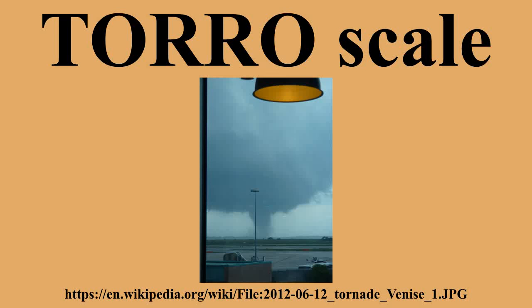At the 2004 European Conference on Severe Storms, Meaden proposed a unification of the TORRO and Fujita scales as the Tornado Force EF scale. In 2007 in the United States, the Enhanced Fujita scale replaced the original Fujita scale from 1971.